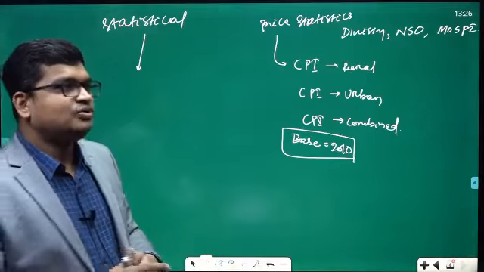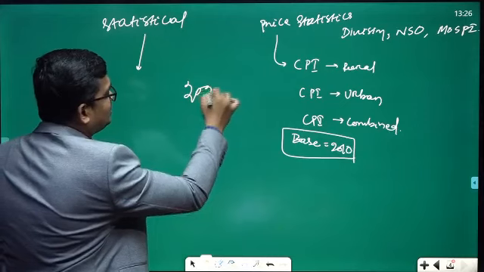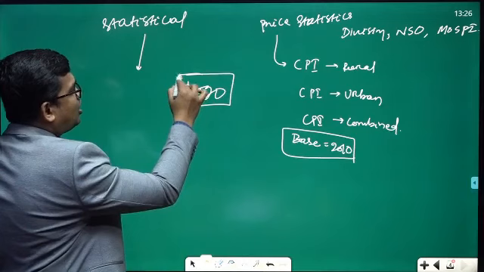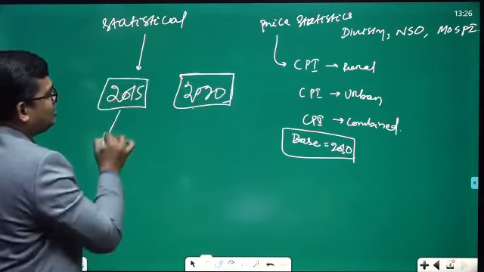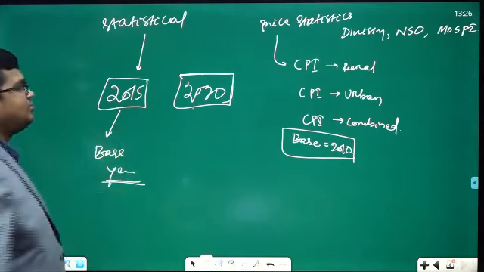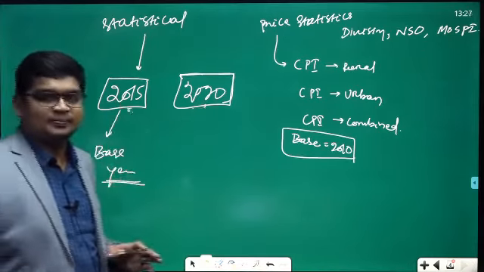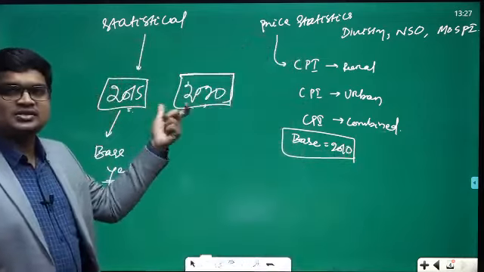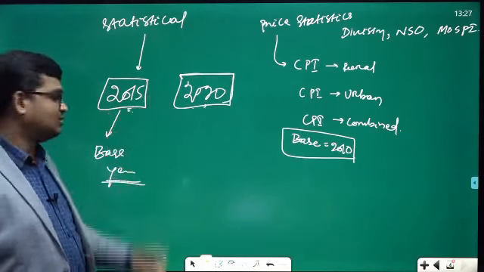Let's say if you want to measure the inflation or price level of 2020, which will be the current year, then you have to see how much price has changed from 2015 to 2020. Then 2015 would be your base year. You want to compare the current price level with the previous one, so the previous one would be your base year. In case of comparison, we try to find out the base year and the price level at the current year.